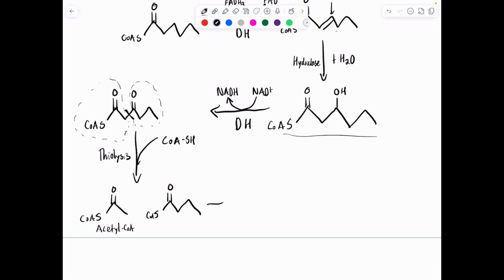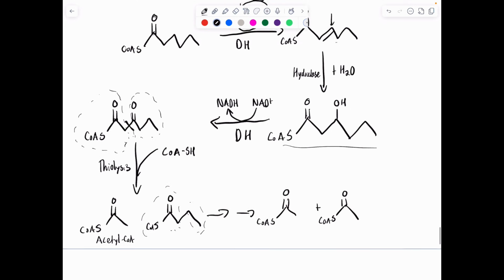This can continue going down beta oxidation until eventually it will all be just acyl-CoA. Since we have 4 carbons left, after one more round of beta oxidation we would have 2 more acyl-CoA molecules, and then these 2 carbons would also be in an acyl-CoA molecule.